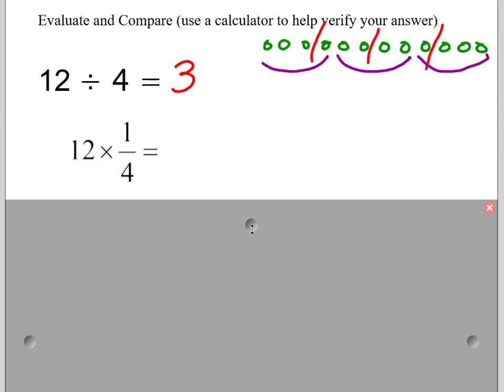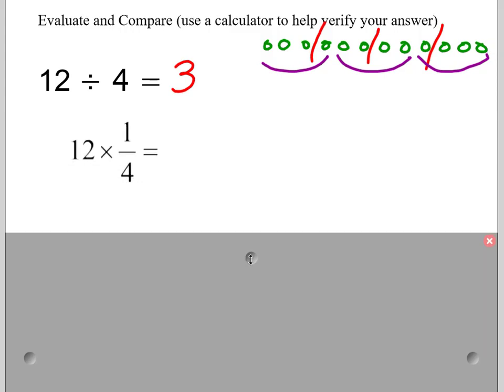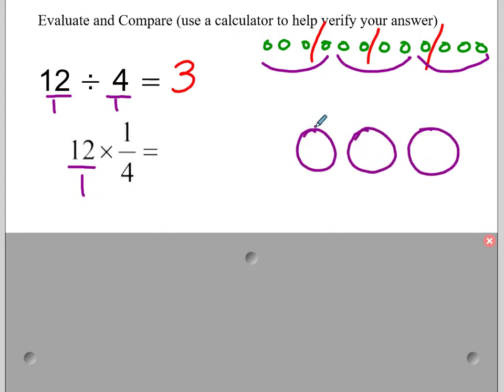Okay, now there's a couple of things we're going to look at. I'm going to put placeholders in here just to help see everything. Notice the first term is still the same, 12 over 1 for both terms. Dividing by 4 over 1, and then we're going to compare that to multiplying by 1/4. So 12 times 1/4. I'm just going to draw a couple of big circles, and I'm going to chop them up into quarters.